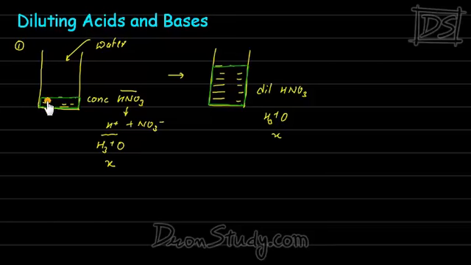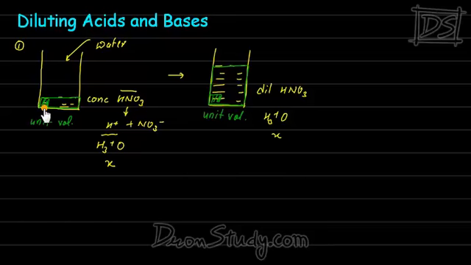So students, if we take unit volume of the solution over here, and take the same amount of volume over here too, in both cases the same amount of volume has been taken. In which case will there be more hydronium ions in this small volume? It is very clear that in this case there will be more hydronium ions, and in this case fewer hydronium ions will be present.